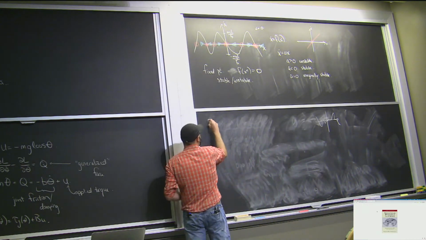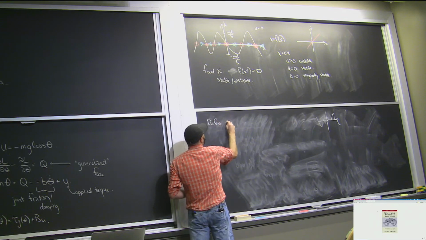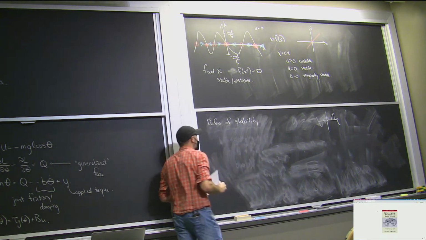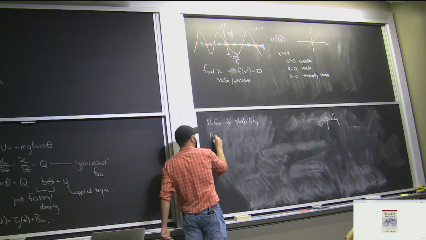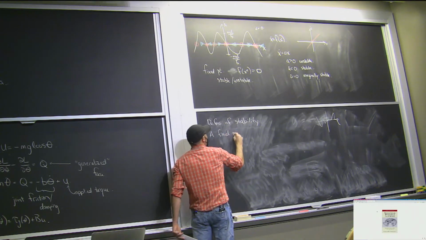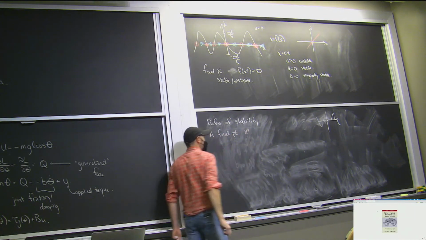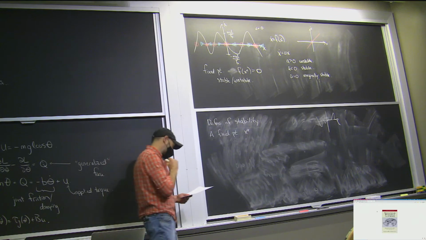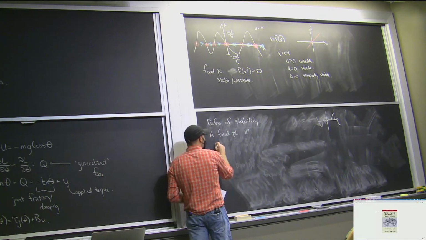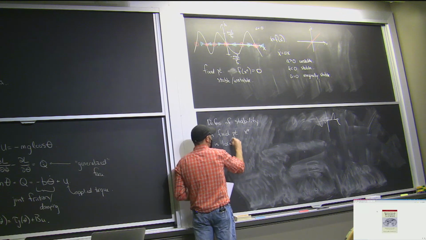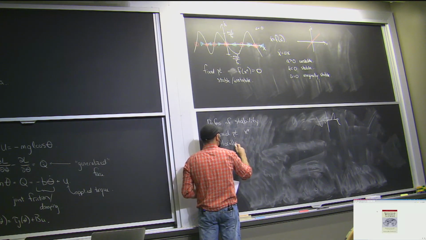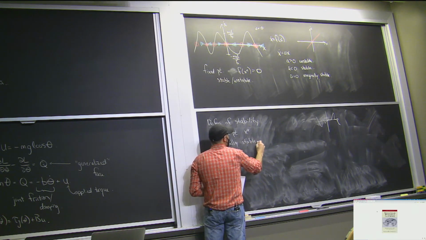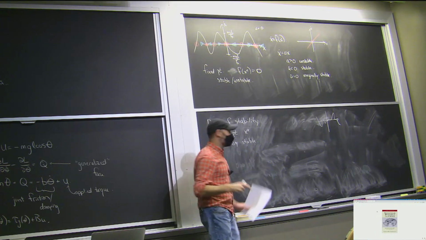Okay, so a fixed point x star, so I'm already going to say that it's touching, that f of x star is 0, is locally stable in the sense of Lyapunov.